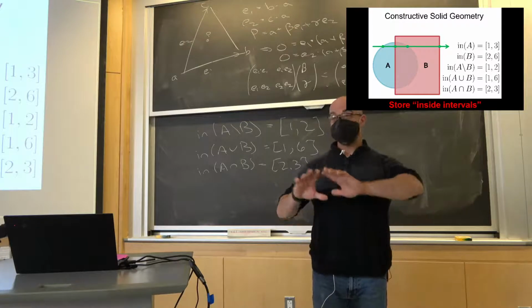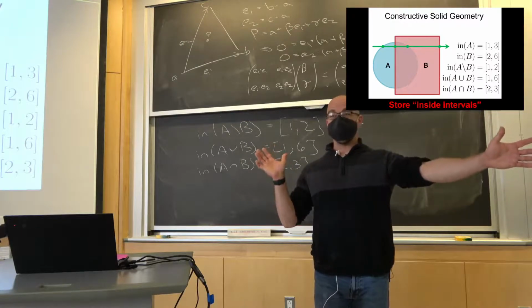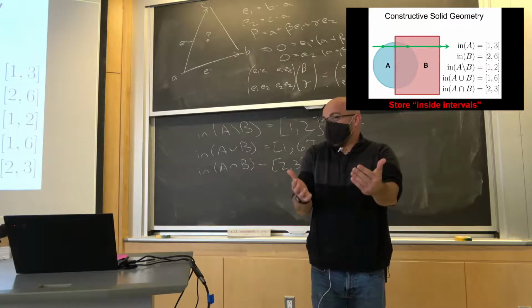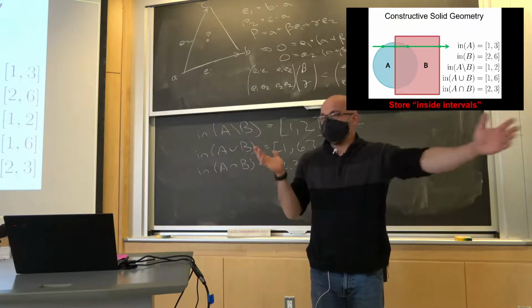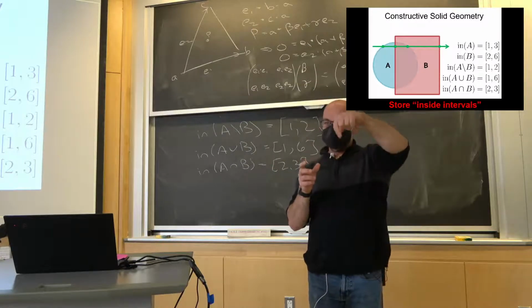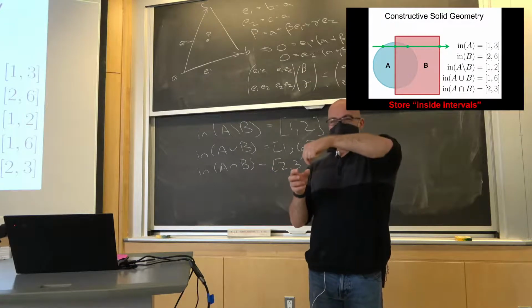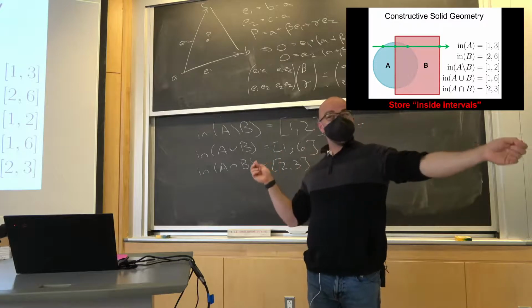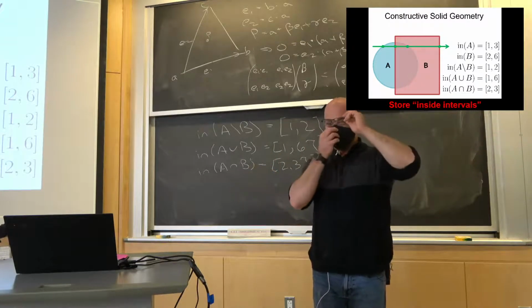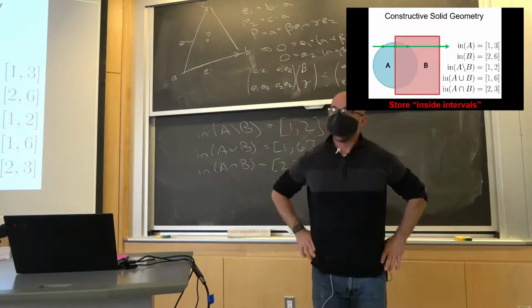No, a union object is just a thing that stores two other objects and takes their union, right? It just might be that one of those two objects inside the union object is itself another union object or an intersection. And so when I call that other object's ray intersection code, it might also recursively call somebody else's code, and I never have to know that in my implementation. That's the beauty of this abstraction.